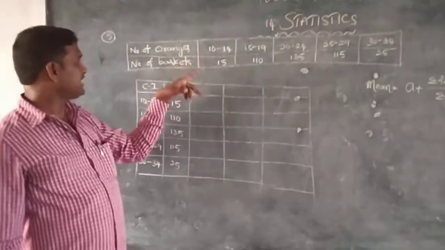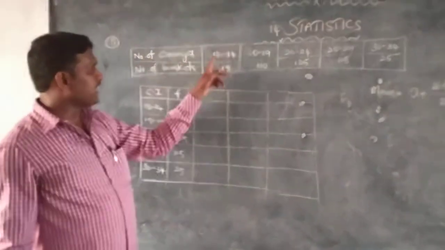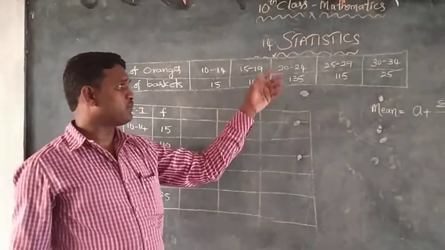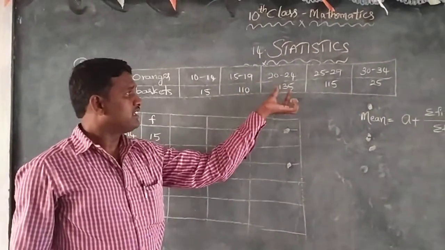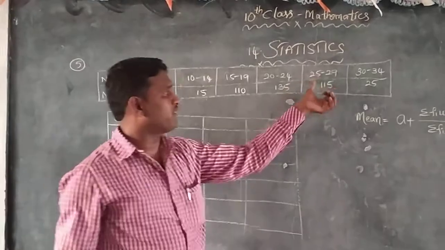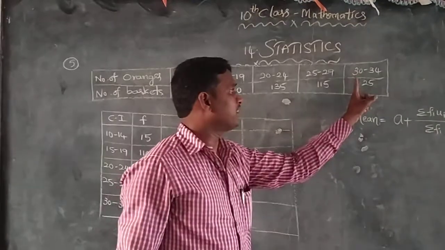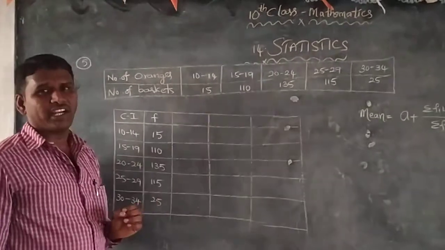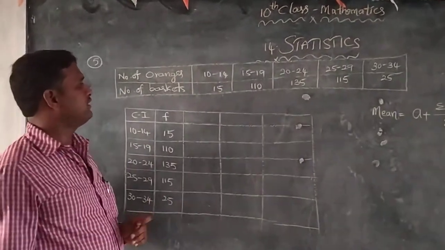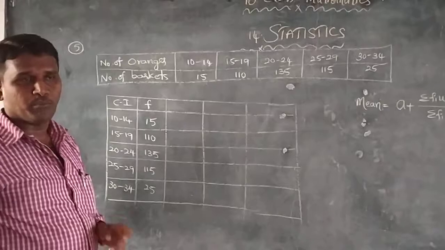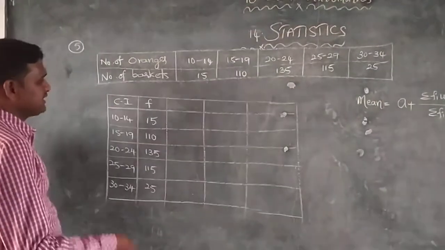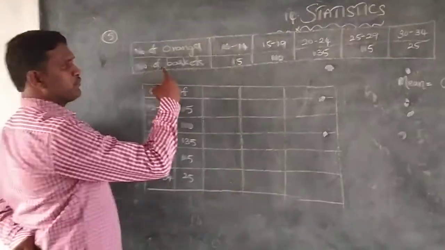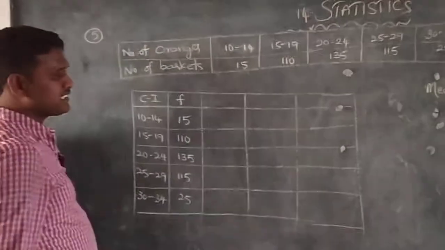For 10 to 14 oranges, there are 15 baskets; 15 to 19, 110; 20 to 24, 135; 25 to 29, 150; 30 to 34, 25. This is the data given. We need to find the mean number of oranges. Let us take oranges as classes and number of baskets as frequencies.